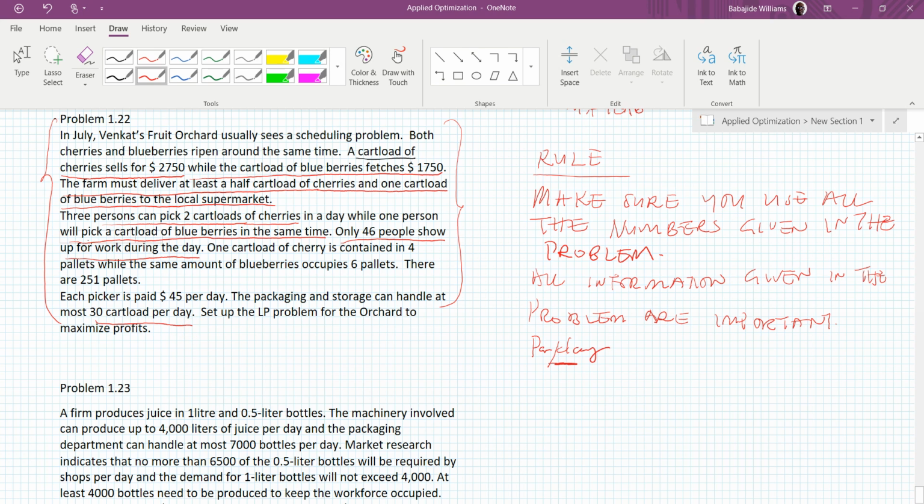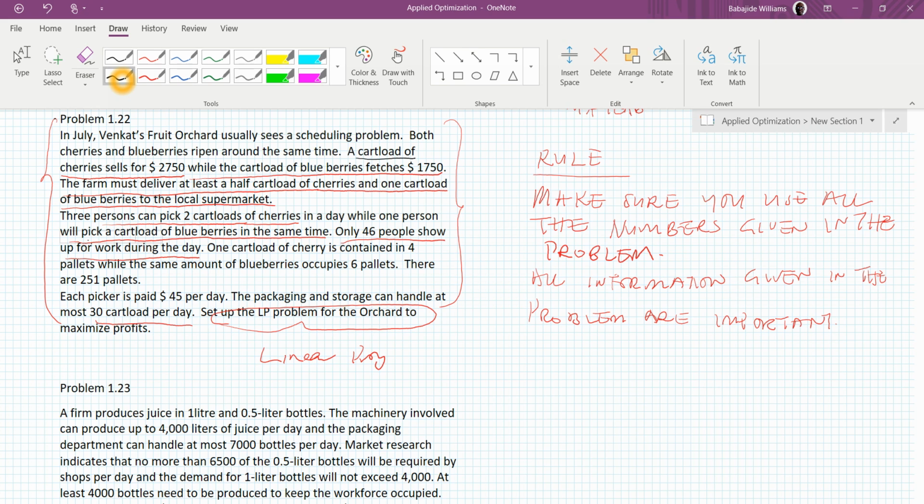So our task here is to set up an LP. An LP is linear programming for the orchard to maximize profit. So straight away, our task here is to maximize some profit. So we first of all need to find an expression for that profit, and then we'll need to go on ahead.